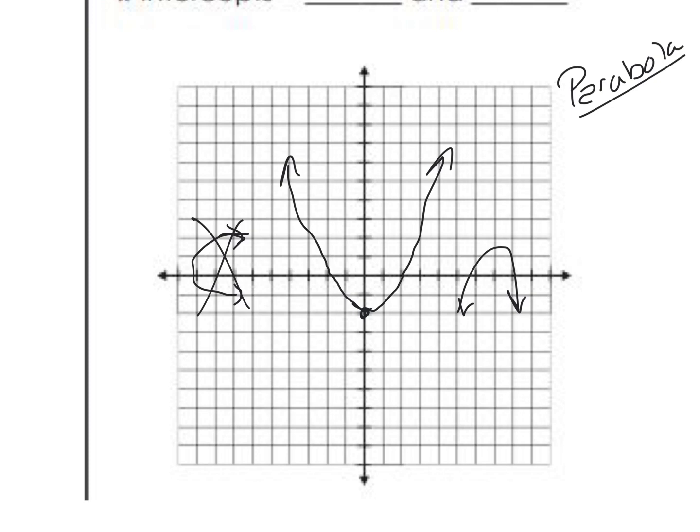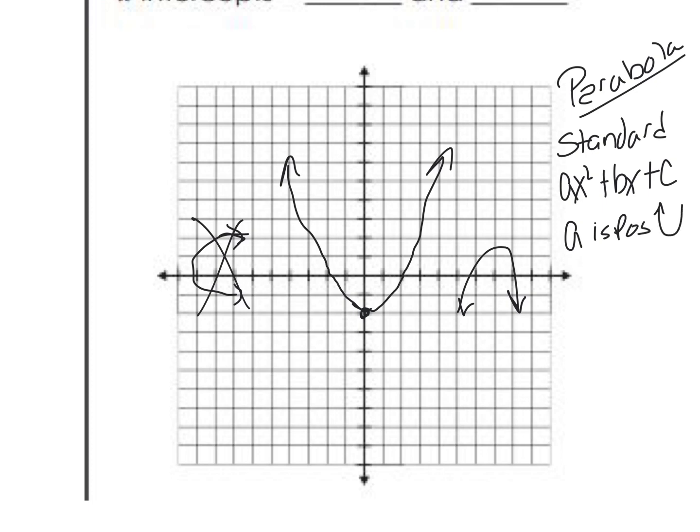And remember we talked about yesterday, if we've got standard form, which is ax squared plus bx plus c, if a is positive, then it's going to be a parabola facing upward. And if a is negative, then the parabola is going to be facing downward.